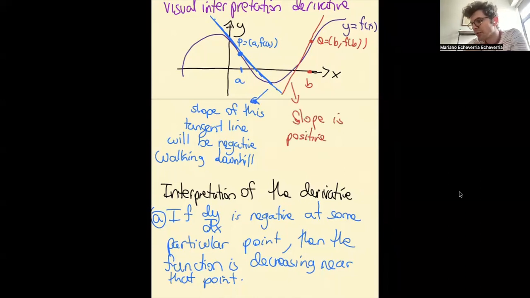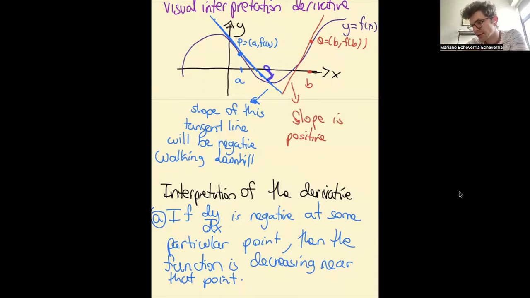And again, you have to imagine that you're walking along this hill. We always walk from left to right. I should have said that. The convention is that you walk from left to right, or west to east.